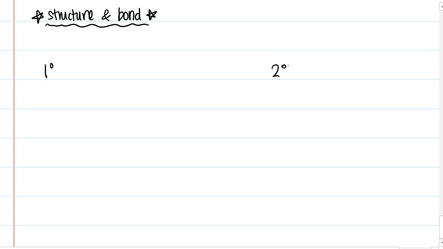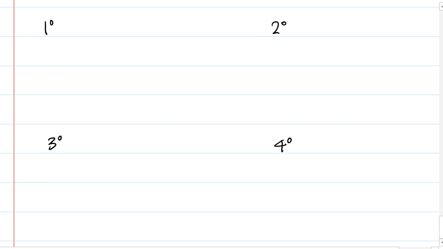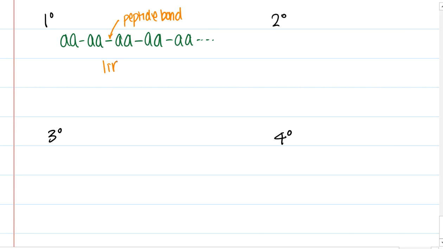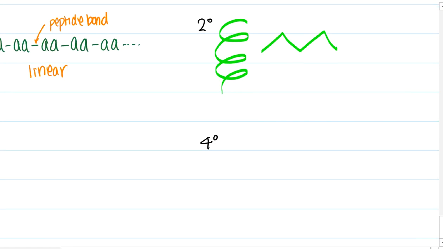We call them primary, secondary, tertiary, and quaternary. So the primary structure is basically amino acid, bonded to amino acid, bonded to amino acid, bonded to amino acid, and you get the idea. We have peptide bonds holding amino acids together, creating a linear structure. Good, good?